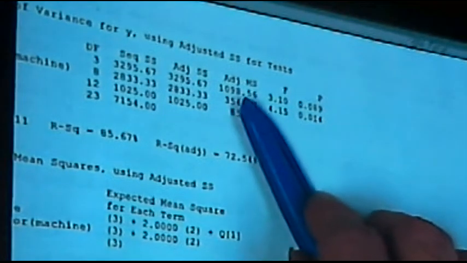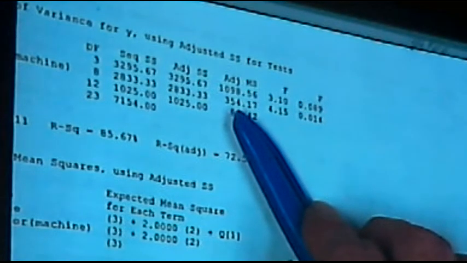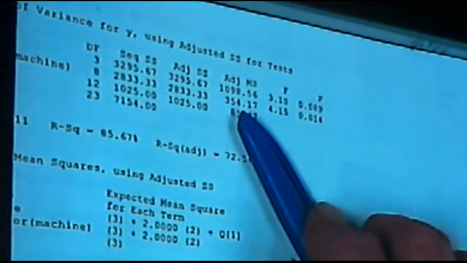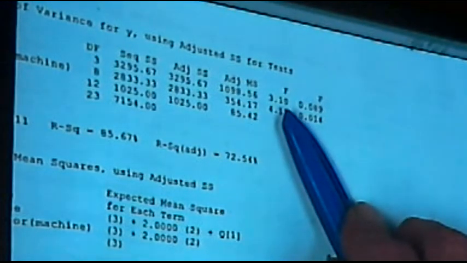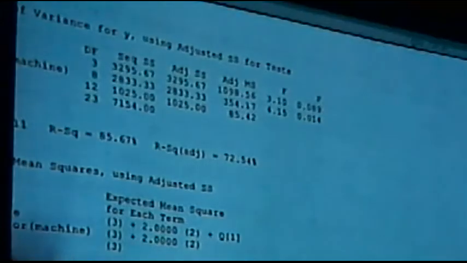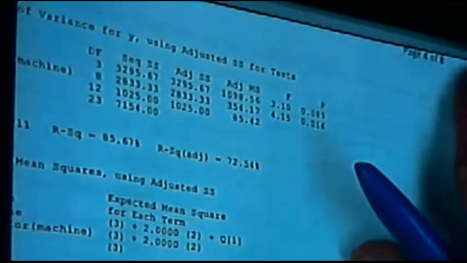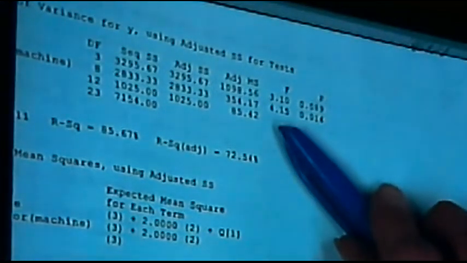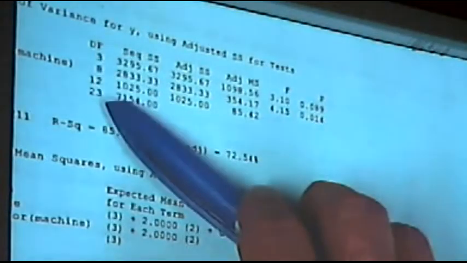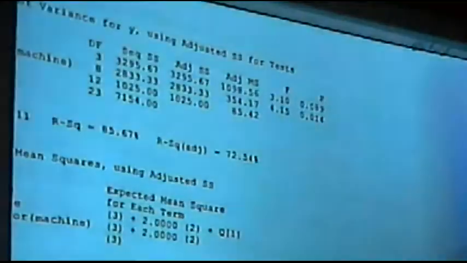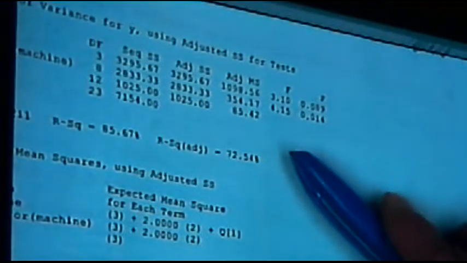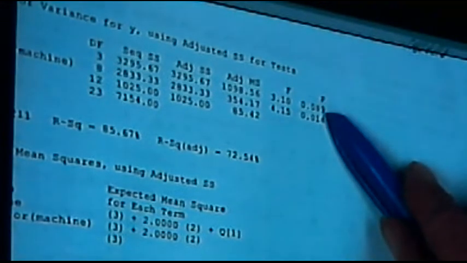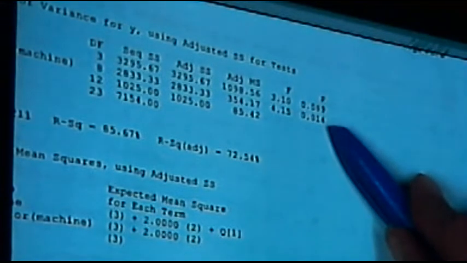So 1098 divided by 354 should be about 3, which is what it's got here. So anyway, a small kind of hand check shows me that the program was using the right F ratios for these F statistics. It's got degrees of freedom to use over here, so it runs the usual F tests, and here's the p-values. The first is not significant, the second one is.